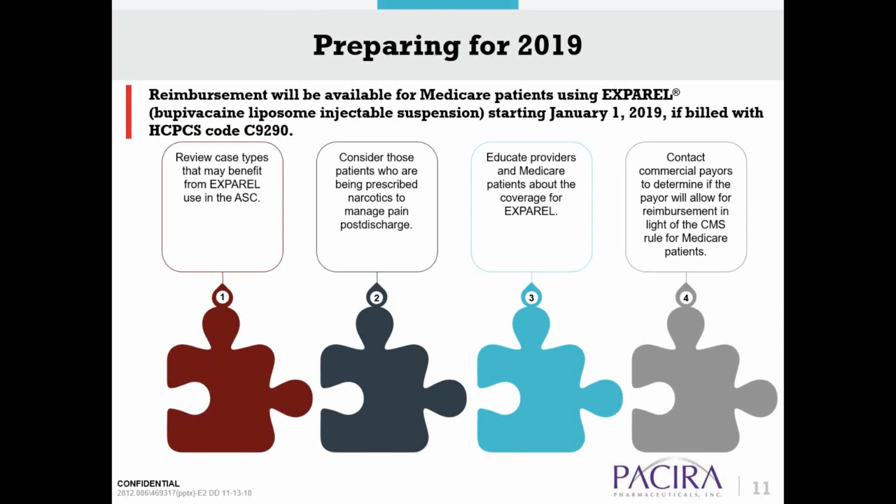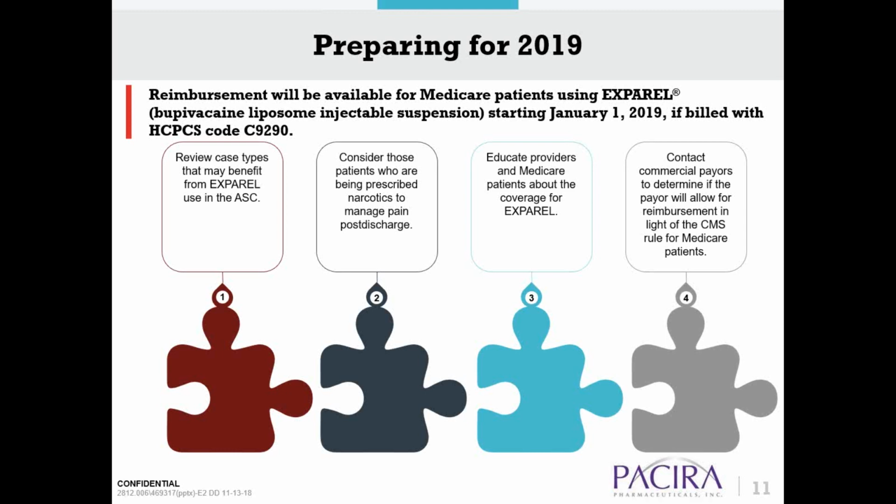So it's really important that you have somebody in the business office at the ASC who's responsible for following up with the commercial payers to determine, if they've told you they're moving forward or their methodology is based on this, what is the timeline? What is it effective?